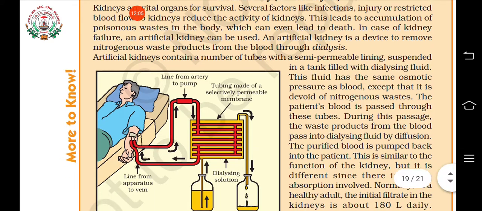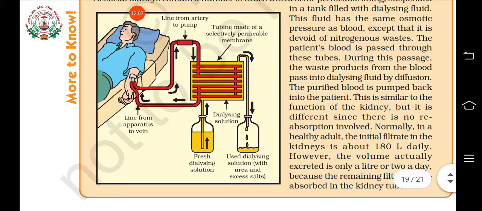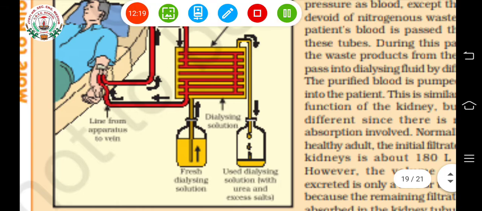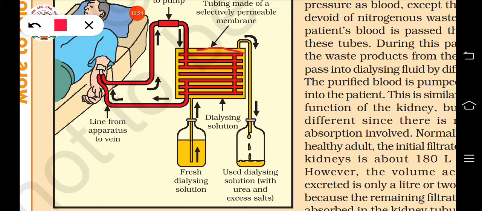Dialysis. If you see the dialysis unit, you can see that this system contains a fluid, the dialyzing solution. Here in this part you can see the dialyzing solution, in which a number of tubes are placed. What kind of tubes are they? Selectively permeable membrane.